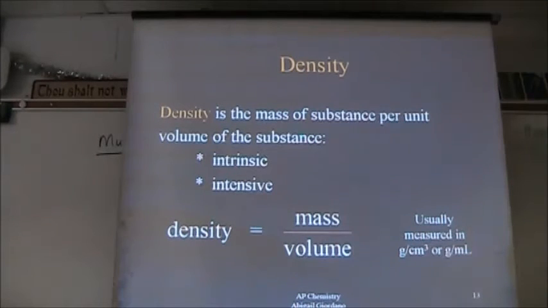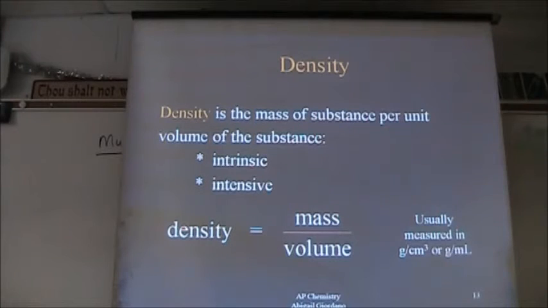Okay, it's independent of amount. So, for example, you have an ice cube versus an iceberg, okay? The same exact substance, all right? Density being an intensive property, ice cube and iceberg have the same density, okay?